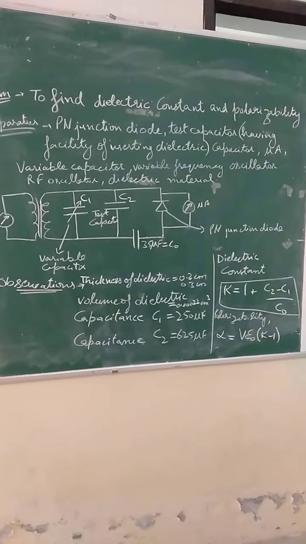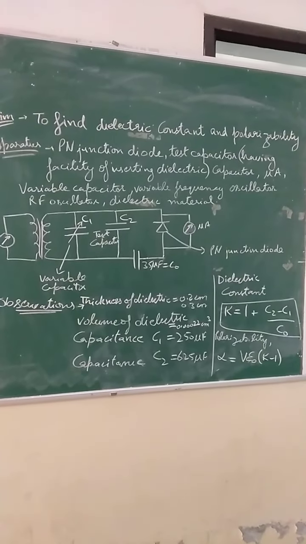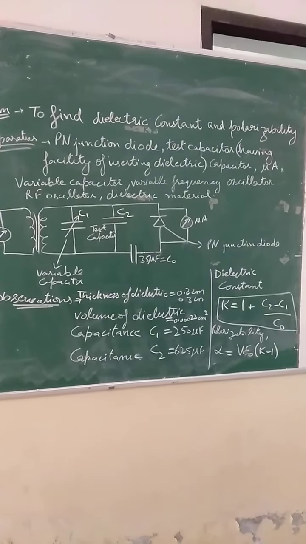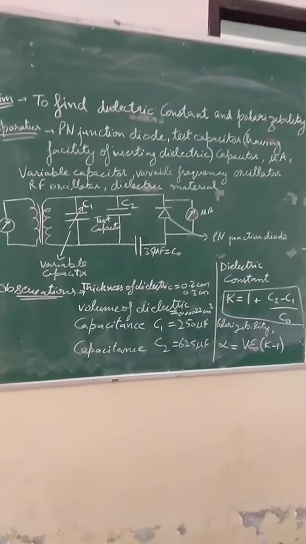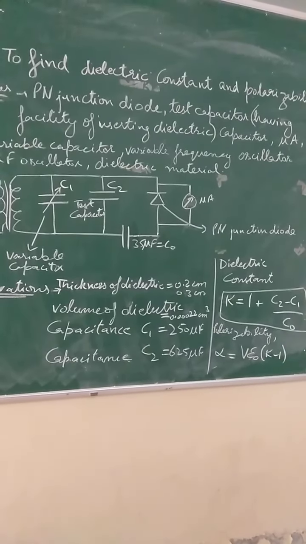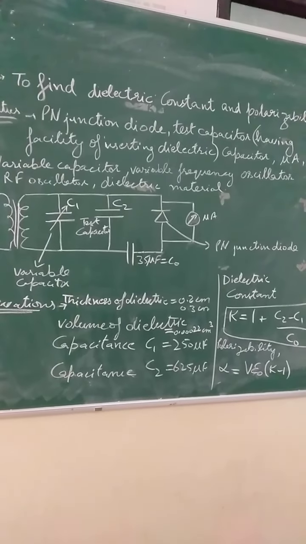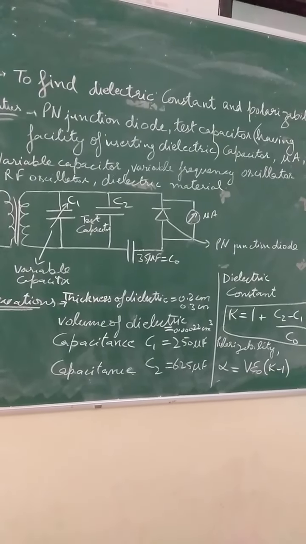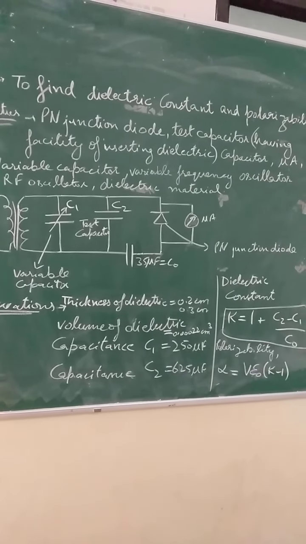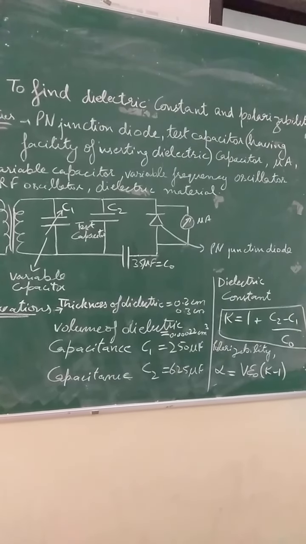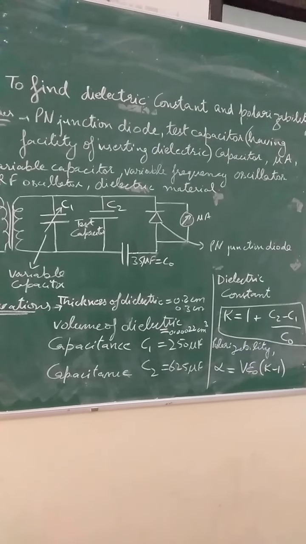So here I am having observations for that dielectric slab. If the thickness is 0.2 centimeter, corresponding to that I can easily get the volume of dielectric. After calculation I have the volume of dielectric, that is 0.00022 centimeter cube. C1 and C2 are those capacitors which were there as CS and CP.